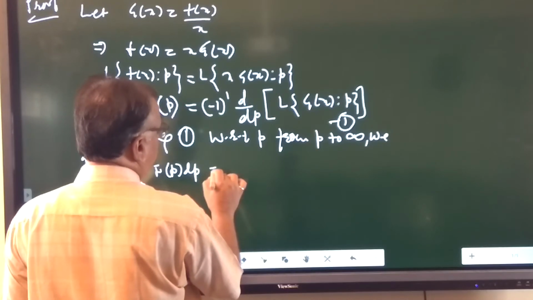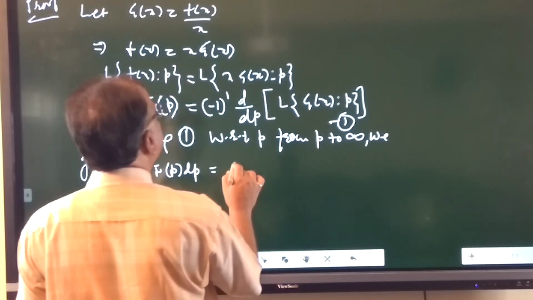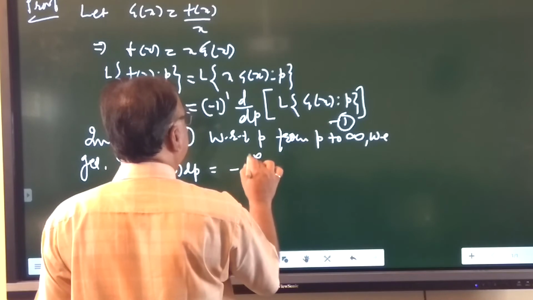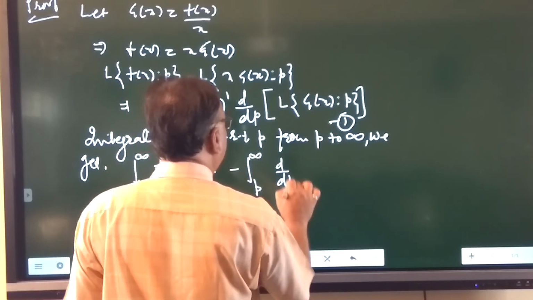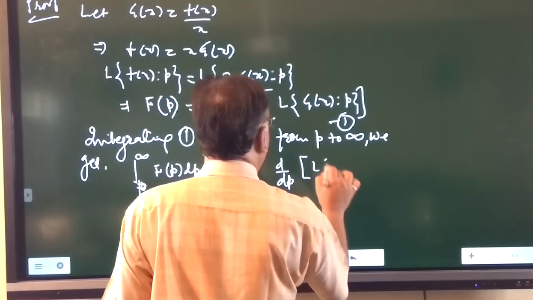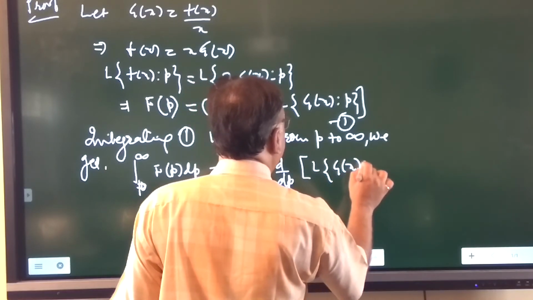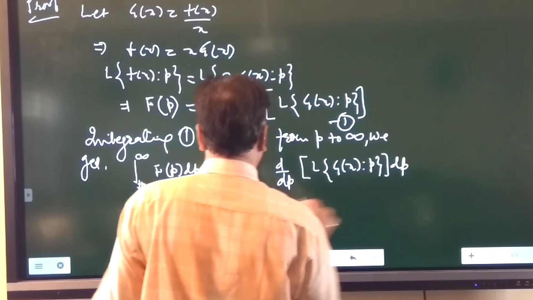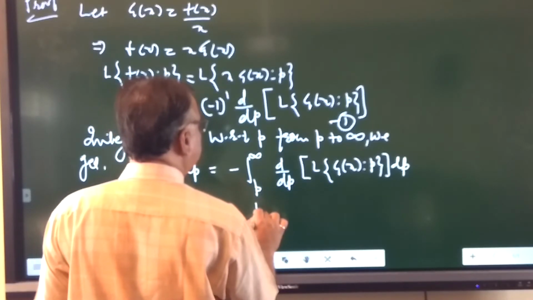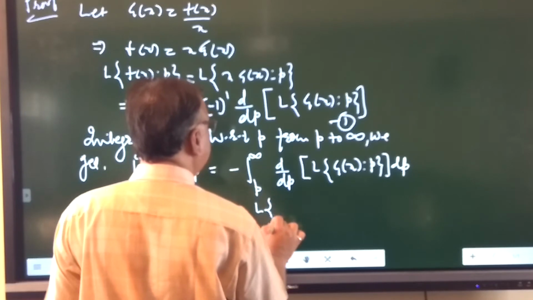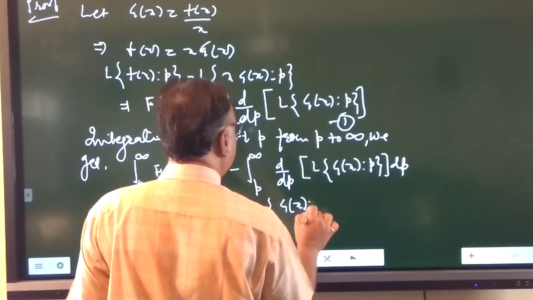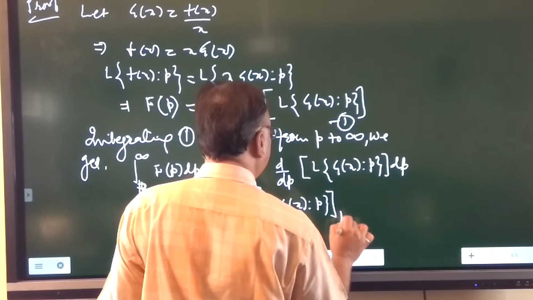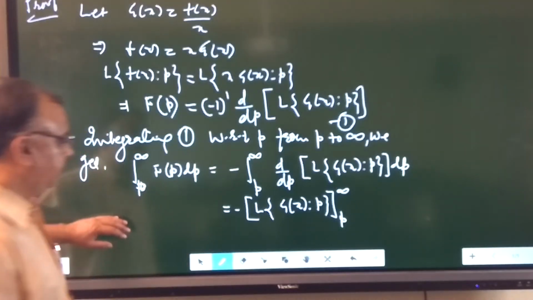This is equal to minus the integral from p to infinity of d by dp of the Laplace transformation of g(x) with respect to p, dp. So this is equal to minus the Laplace transformation of g(x) with respect to p, and the limits are from p to infinity.